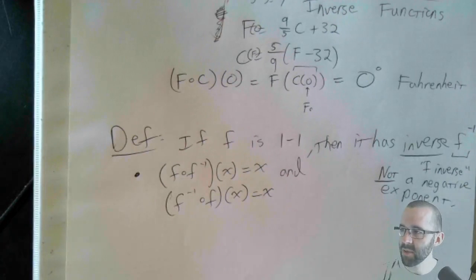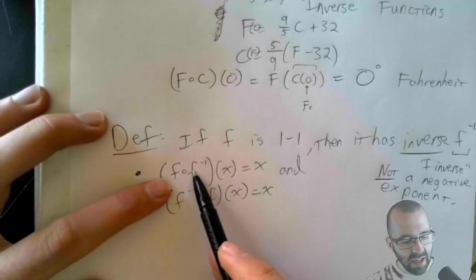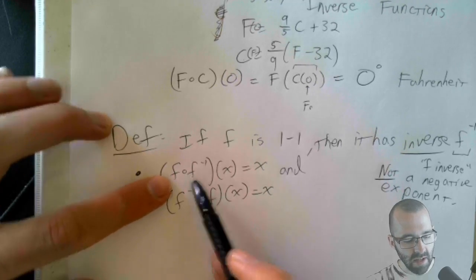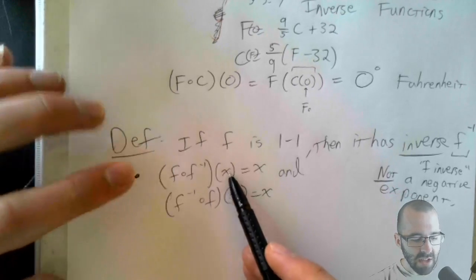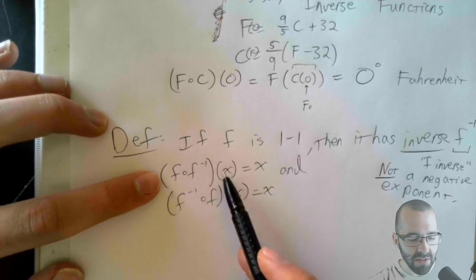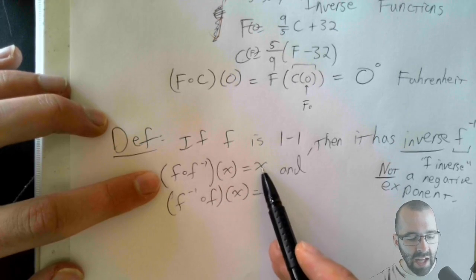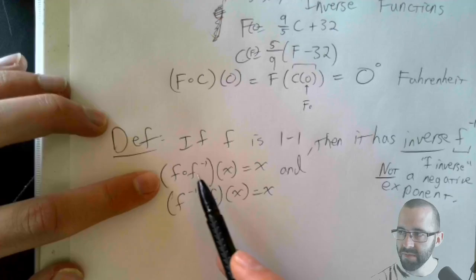Let's unpack this real quick. Function composition of a function and its inverse, they cancel each other out. If these are inverses of each other, they cancel each other out, so what's left? Just an x. Whatever you plug into the function composition of a function and its inverse, you get back out.